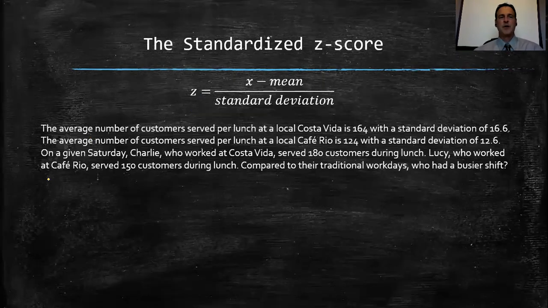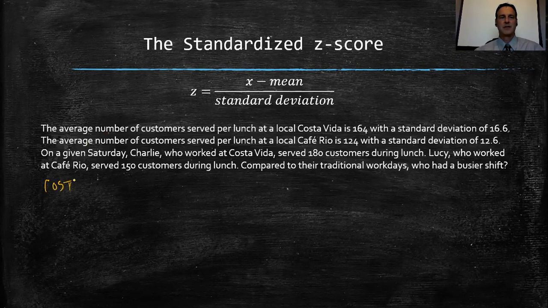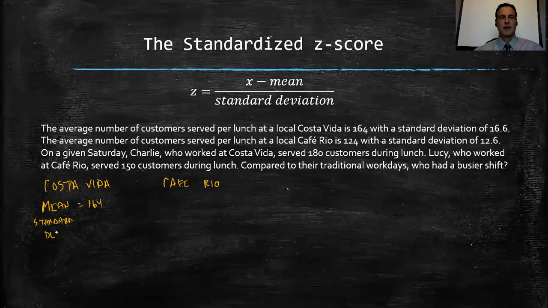And it addresses two restaurants. We have one called Costa Vida, and the other one's called Cafe Rio. They both serve Mexican food, and they're fantastic. The first one has a mean lunch participation of 164 people, and a standard deviation of 16.6.